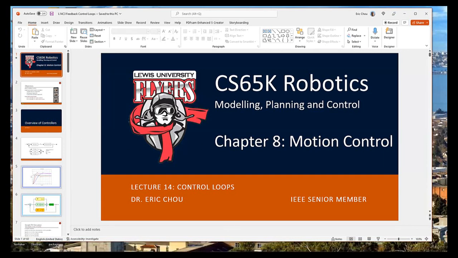Okay, no question. I will briefly go through lecture 14, the control loop. We talk about a manipulator. A manipulator has some control variables to control it, such as theta and delta theta, and also displacement.